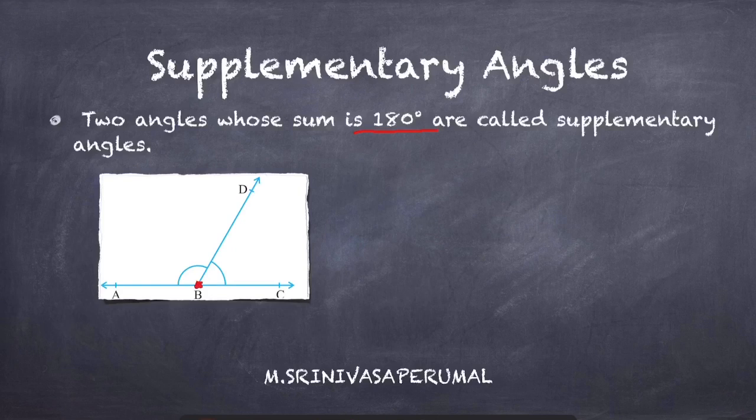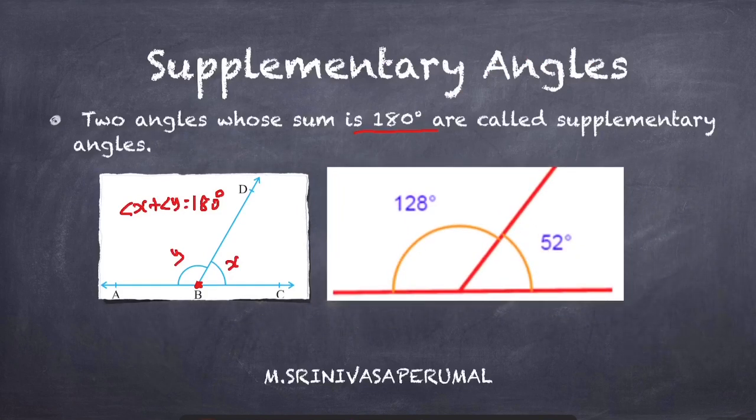Angle DBC, for example, I consider as X, and angle DBA as Y. Adding the two angles, X plus Y, the final value is 180 degrees. So this is called a supplementary angle. Consider an example: one angle is 52 and another is 128. After adding these two angles, finally we get 180 degrees. This is called a supplementary angle.